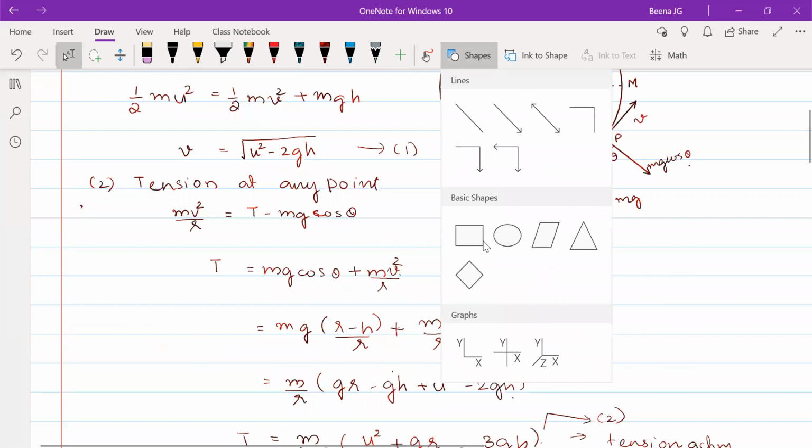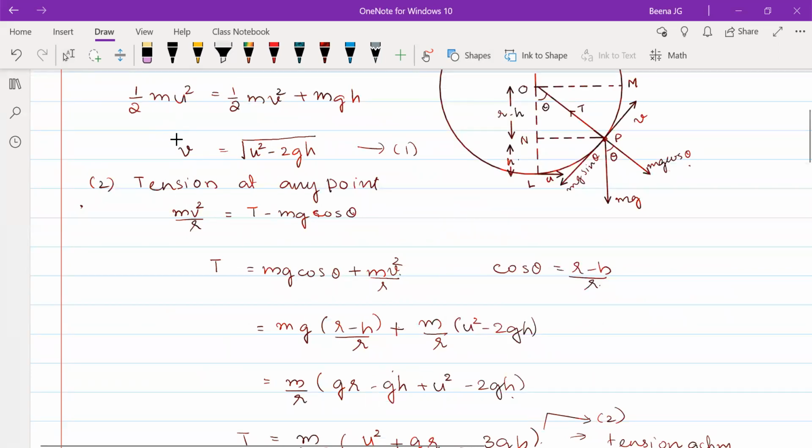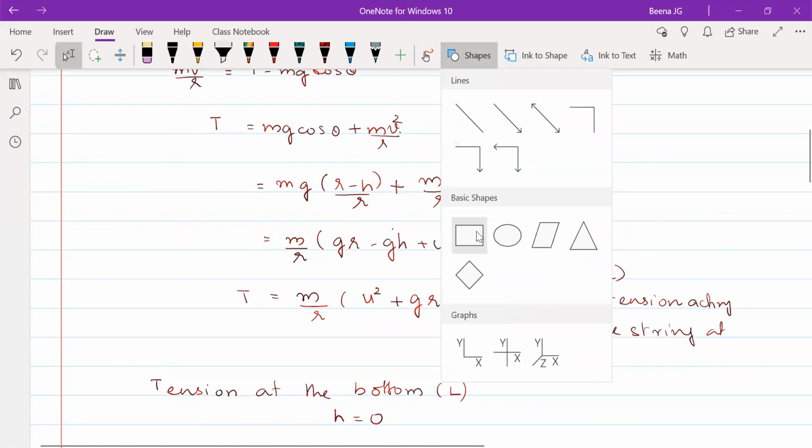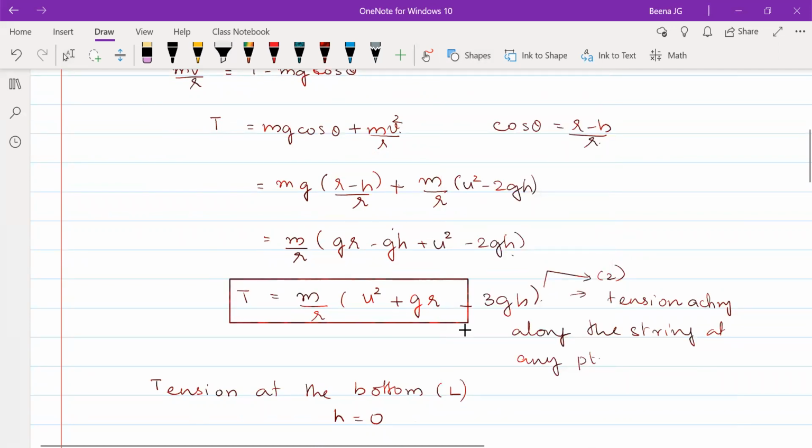Okay, we'll do one more thing. We'll just put the main equations to be remembered. This is one of the equations that is needed. And after that, we need this particular equation, the general expression for the tension.